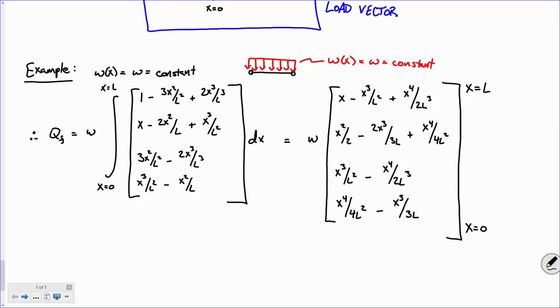As y'all are writing this down, let's just think about this. When you do a definite integral, what do you do? You plug in the top number, evaluate, minus, plug in the bottom number, evaluate. Subtract the two, right? Let's look ahead. If I plug in the bottom number into any one of these, what am I going to get? 0. So if I plug in the top number minus plug in the bottom number, I don't even need to deal with this at all, right? I just look at the top number. Fair statement?